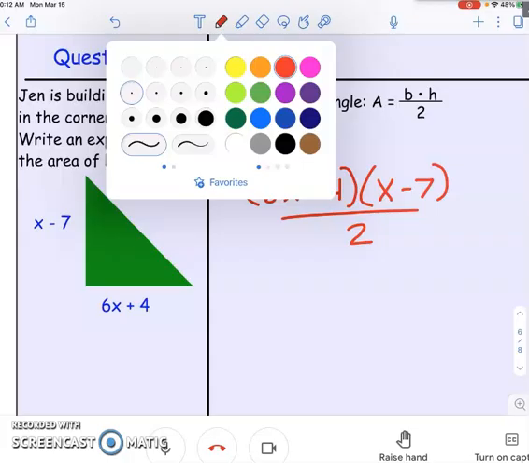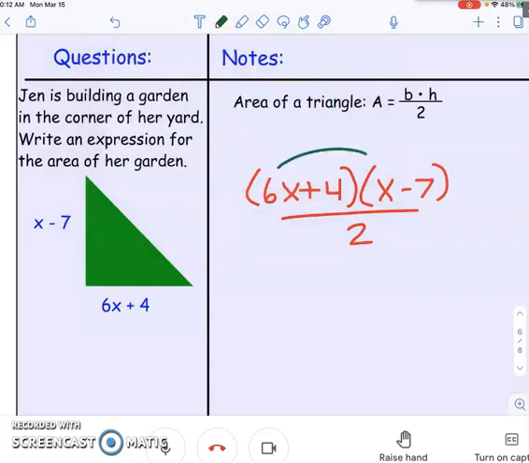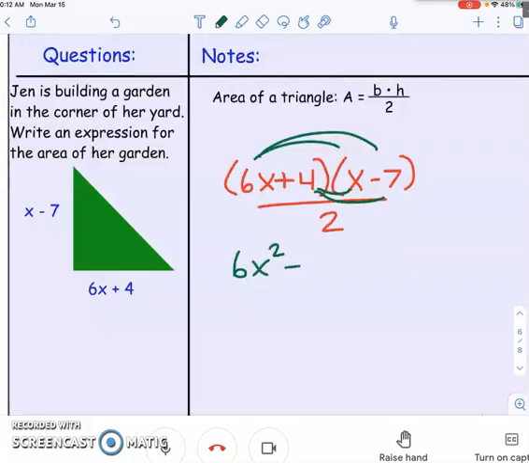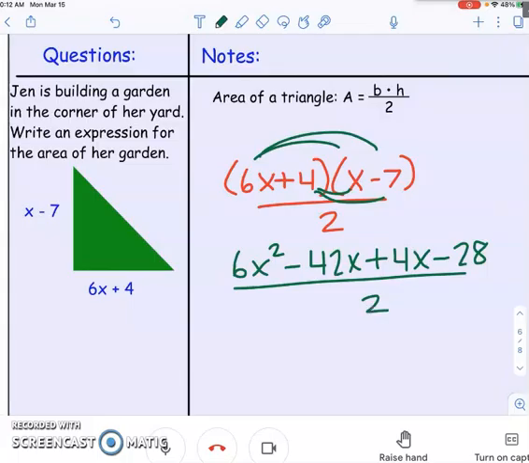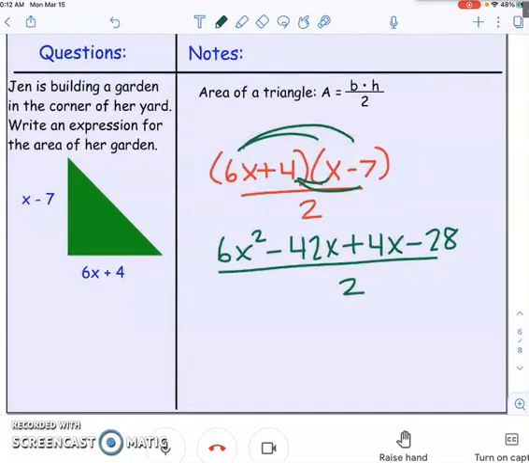So we actually need to FOIL this. So 6x times x is 6x squared. 6x times -7 is -42x. 4 times x is 4x. And then 4 times -7 is -28. And the whole thing is divided by 2, which is pretty good because they're all even numbers.